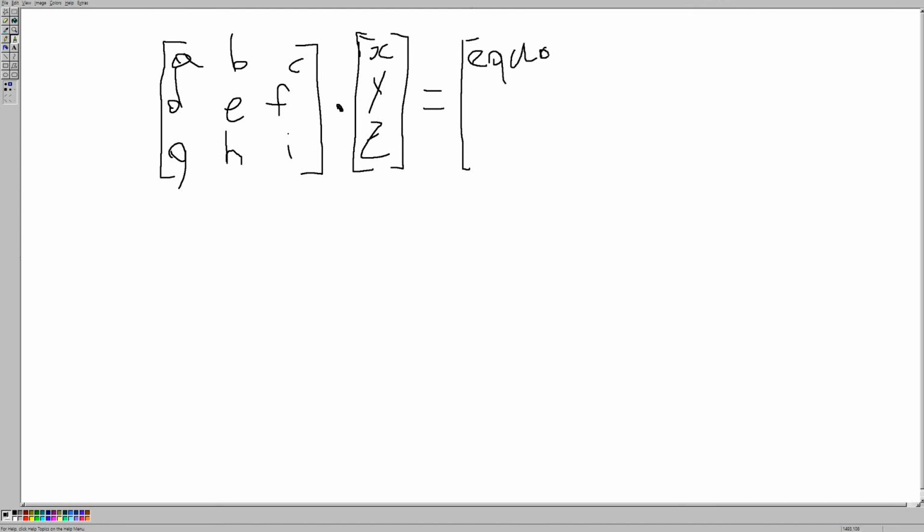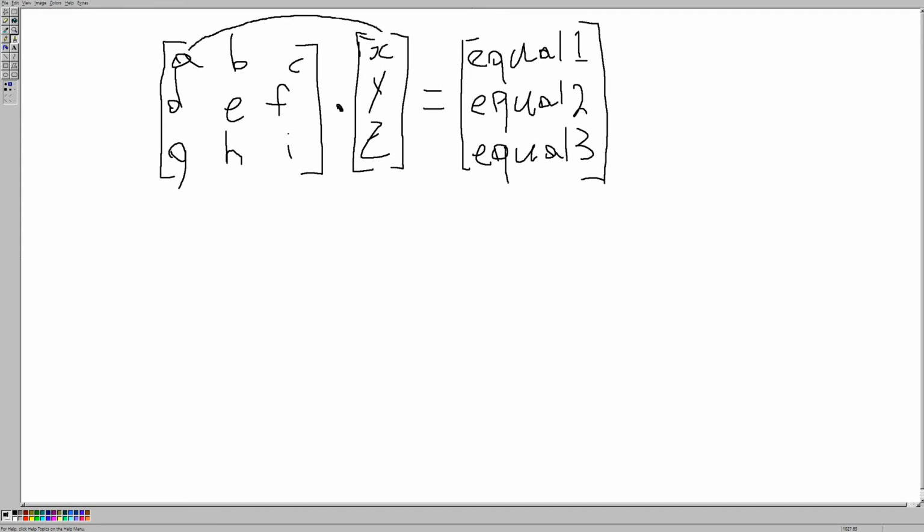So in this case it's our equal 1, equal 2, and equal 3. Okay, and essentially how this multiplication works is the row information on this matrix applies to the column information on the second matrix here.